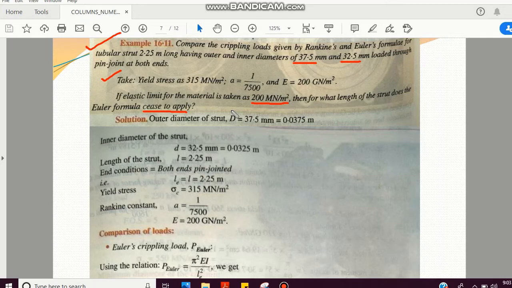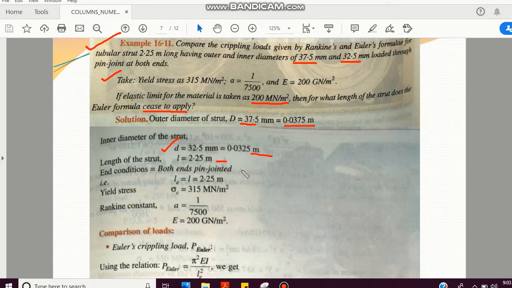Okay, so let's do the numerical. So the outer diameter of the strut is 37.5 mm, so that becomes 0.0375 meter. The inner dia is 32.5 mm, so that is 0.0325 meter. Length is 2.25 meter.